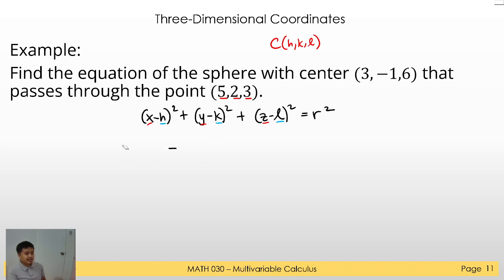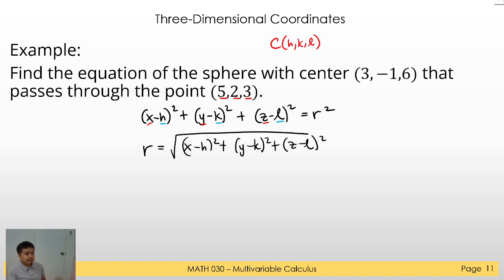Actually we could solve this already, no? If we substitute the values here, we could get the R. So the R here is equal to the square root of (x - h)² + (y - k)² + (z - l)². And then we can substitute the value to find R, and later on, substitute the value R to this equation.